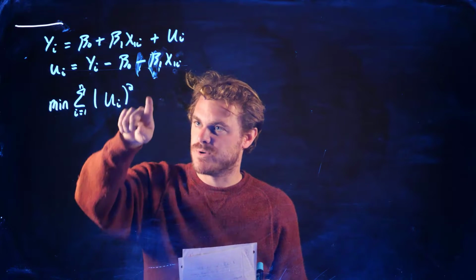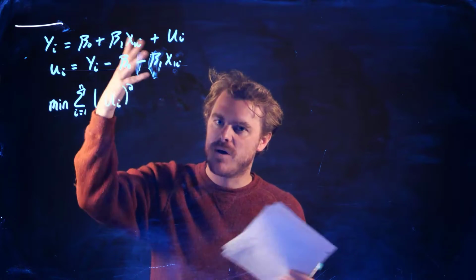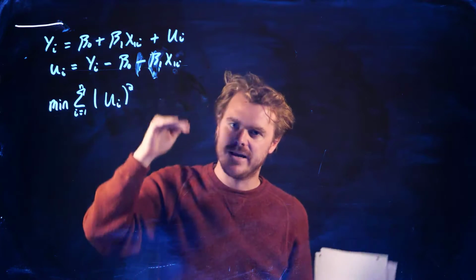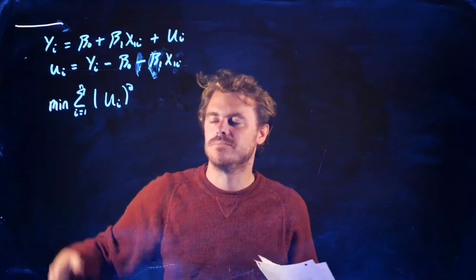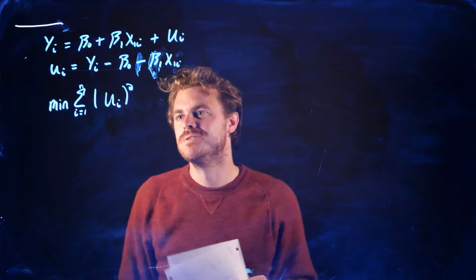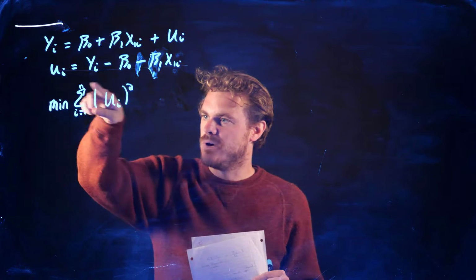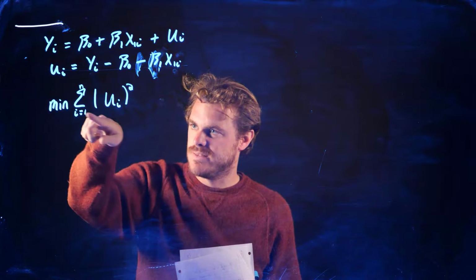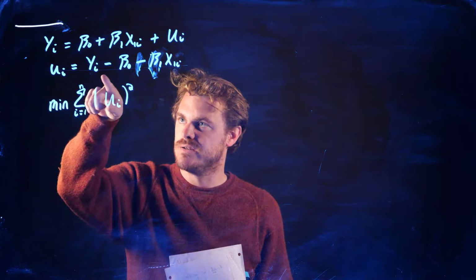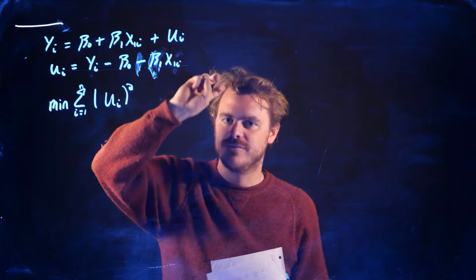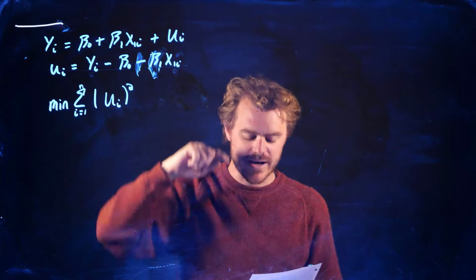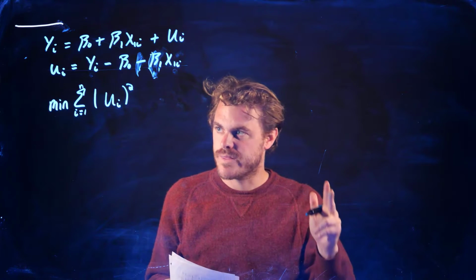We're squaring it so every value is positive, so we don't have negatives and positives cancel out. Another way of doing that is with absolute values, right? But maybe those derivatives are a little too hard for us. So we want to minimize this squared distance between our observed values of y and what you can think of as our predicted values of y. So that's what we're thinking about.